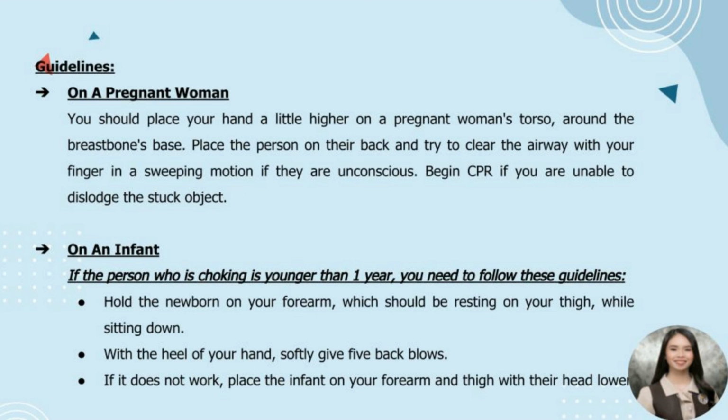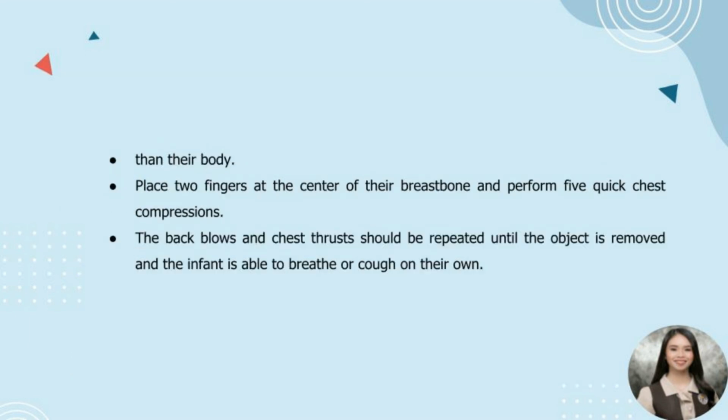If it does not work, place the infant on your forearm and thigh with their head lower than their body. Then, place 2 fingers at the center of their breastbone and perform 5 quick chest compressions. Then the back blows and chest thrusts should be repeated until the object is removed and the infant is able to breathe or cough on their own.